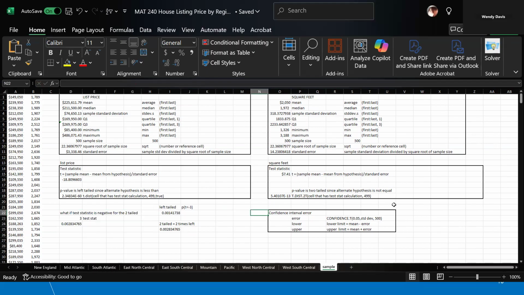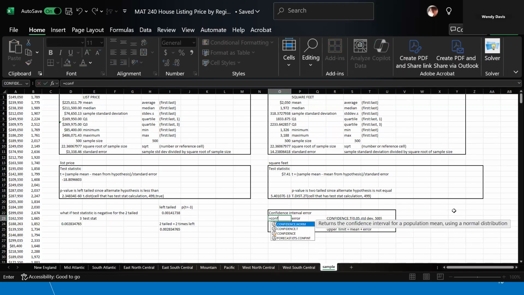Now, the other calculation is we have to find the confidence interval. A confidence interval uses a margin of error. So what is the confidence interval margin of error? We use the CONFIDENCE.T function. We're using t-distribution.